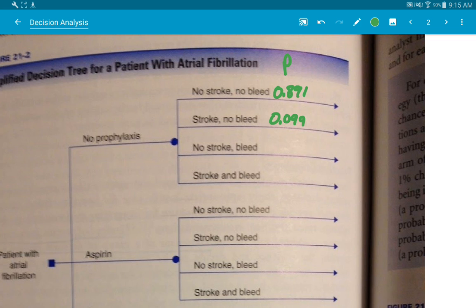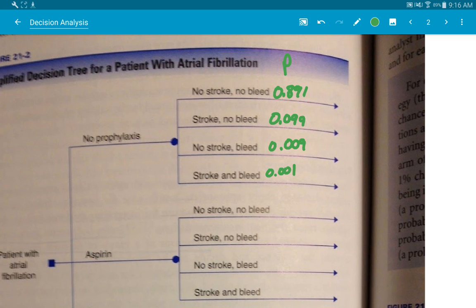Okay, so about 9% chance of a stroke. And it's over a particular period of time. It's always limited with the next decade or something like that. No stroke, bleed. All right, 0.009. So even about 1% there. And then stroke and bleed, the worst of all time, 0.001. Okay, these are all probabilities.